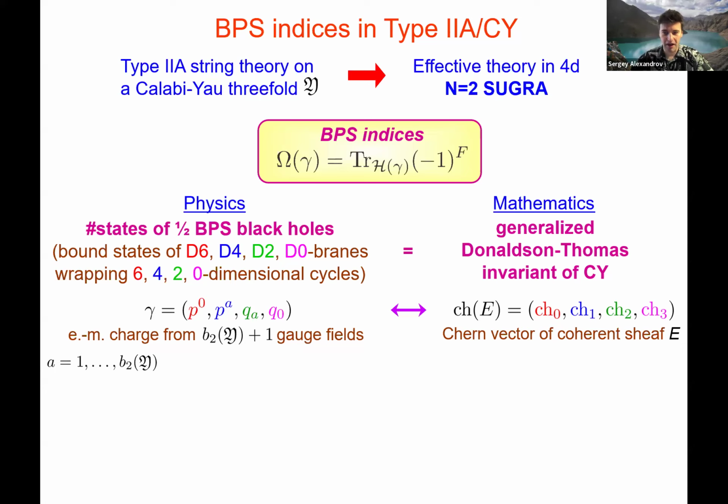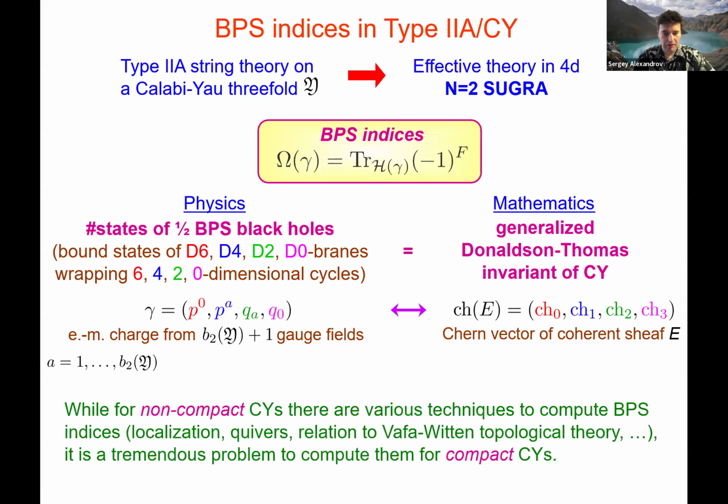So these invariants count stable coherent sheaves. But there is a very simple linear transformation between what we use in physics, this electromagnetic charge, and the components of the Chern classes of the sheaf. I don't write it here, but it's really simple. So in the following, I will mostly use the electromagnetic charge.